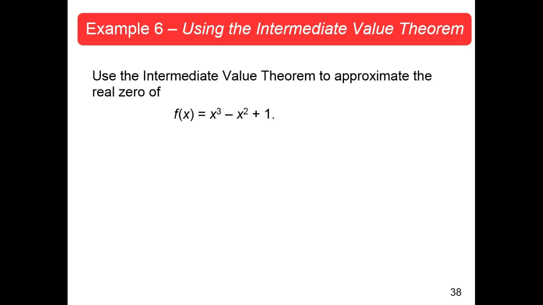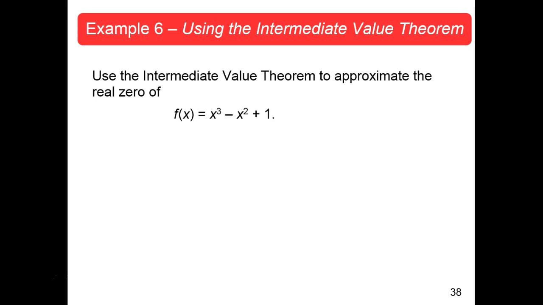Y'all don't do the easiest ones. Y'all are way too hard working. You need to be a little lazier. What's the easiest x you could give me? 0. All right, now you're thinking. That would be what? 1. Now, I have a feeling if you go too far this way, it's just going to get bigger and bigger and bigger. So let's head that way. What's just on that side of 0? -1, what would this be?